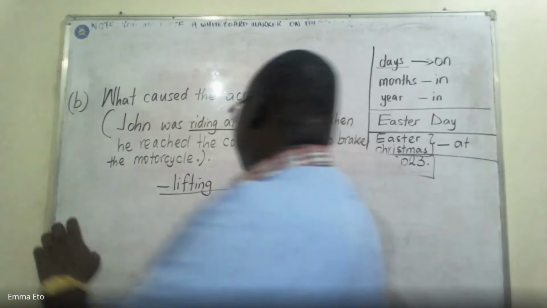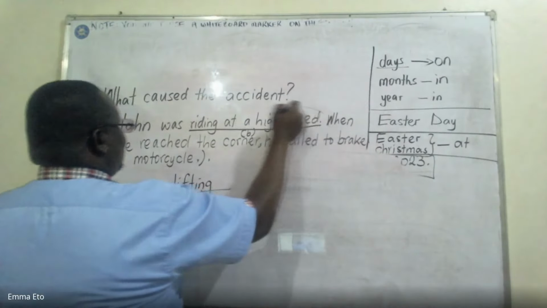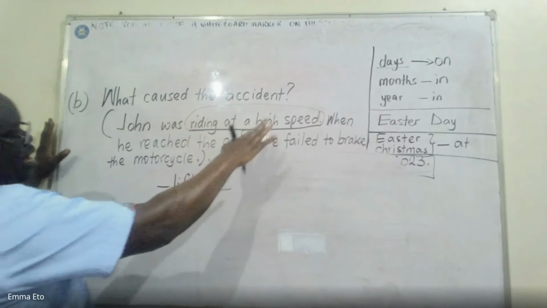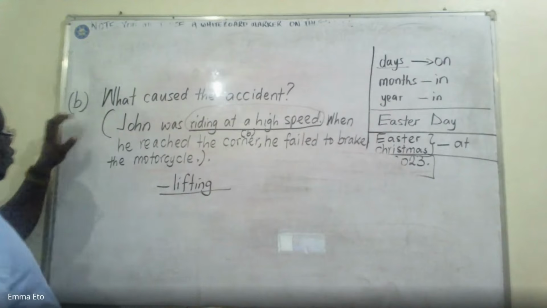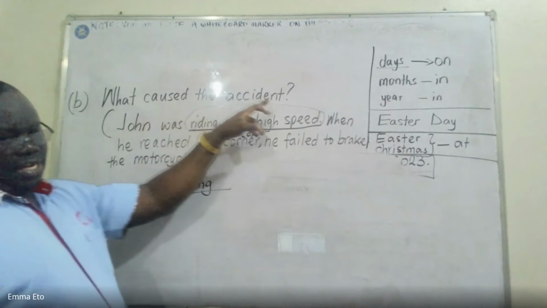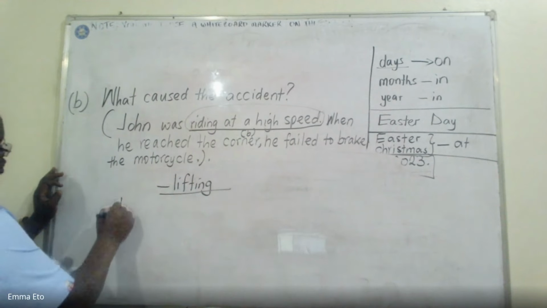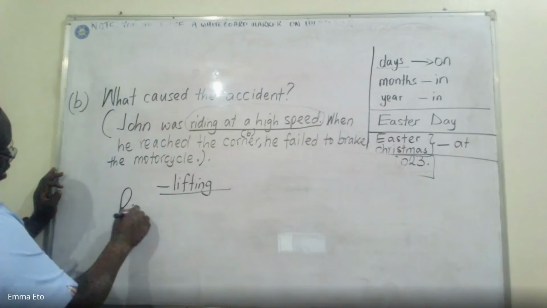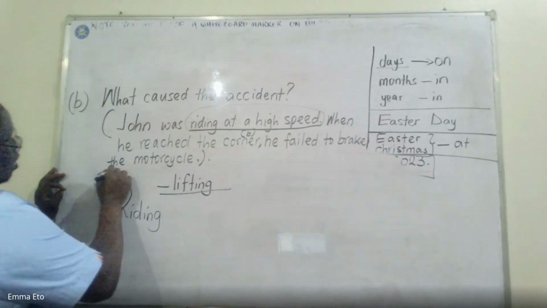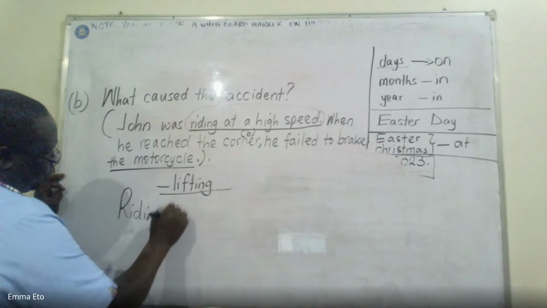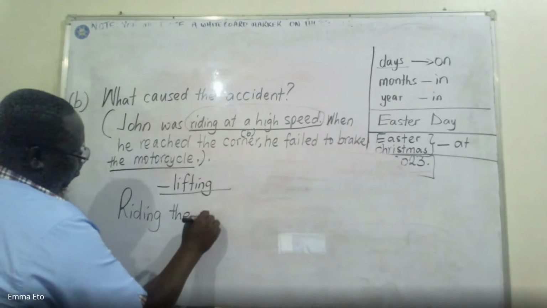So you just pick the idea. The idea is riding at a high speed. So what caused the accident? So the answer will be riding. Riding. What was he riding? The motorcycle. So you say riding the motorcycle.